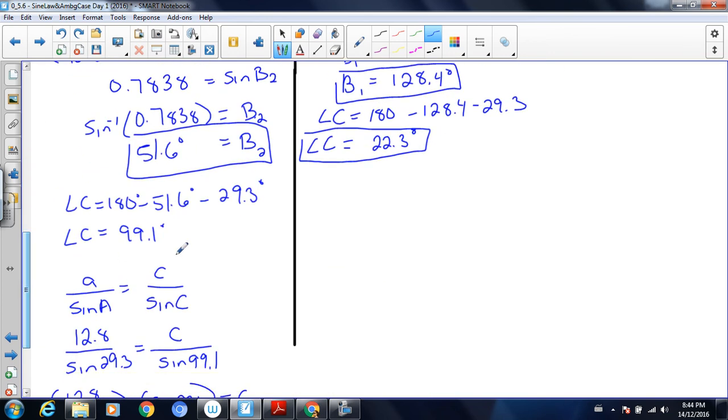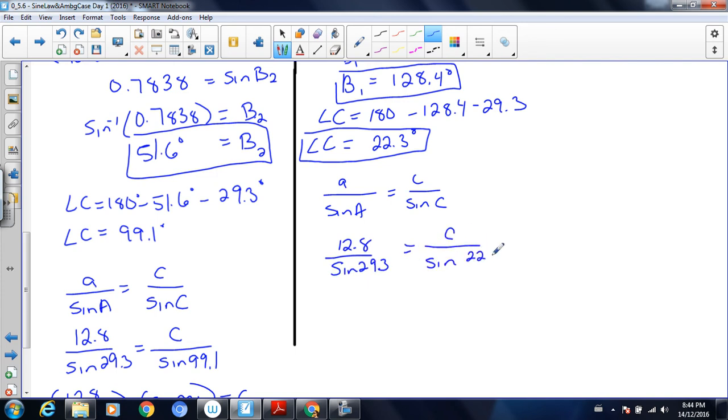Again, we do the same thing with our ratio. Okay, we have a over sine of angle A, which is equal to c over sine of angle C. 12.8 over sine of 29.3, which is equal to c over sine of 22.3.